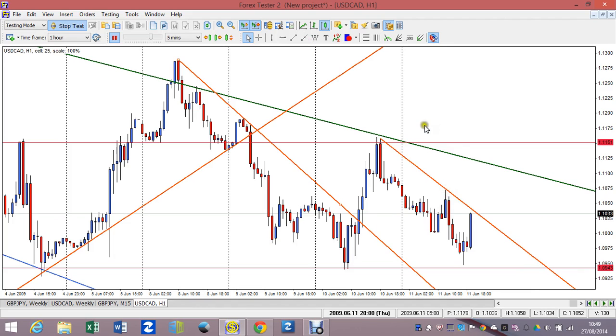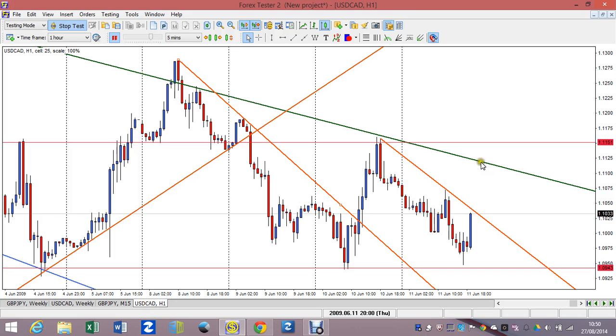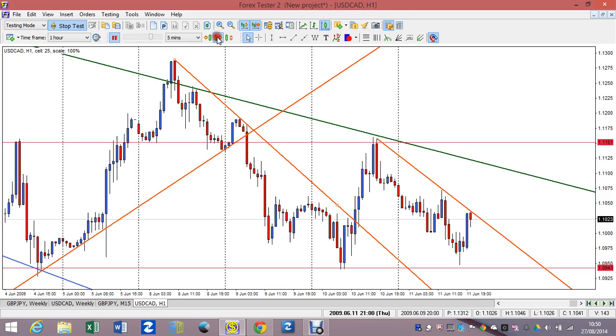You see, the problem with this new trend line that I've drawn is this daily trend line at the moment is holding up pretty well. It's pretty aggressive to go long into that. So I'm going to wait until the green one goes again.